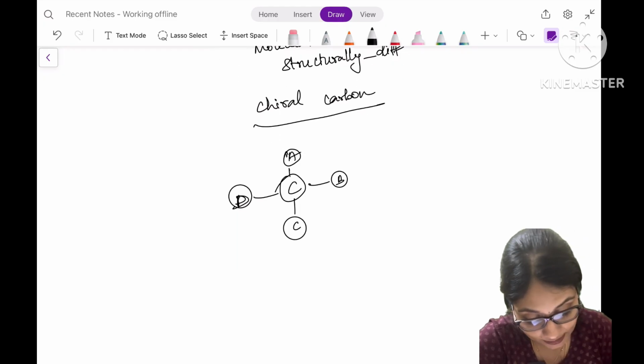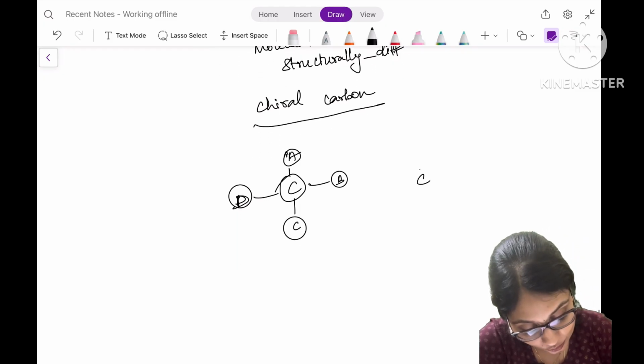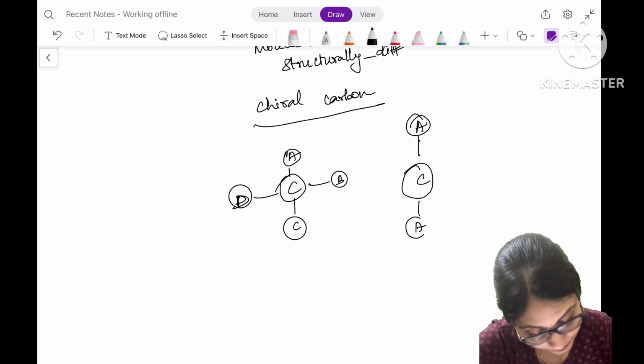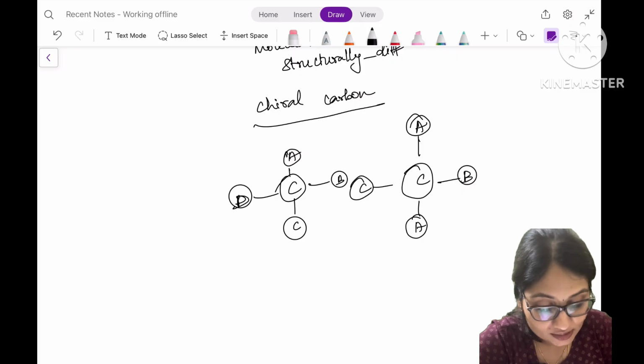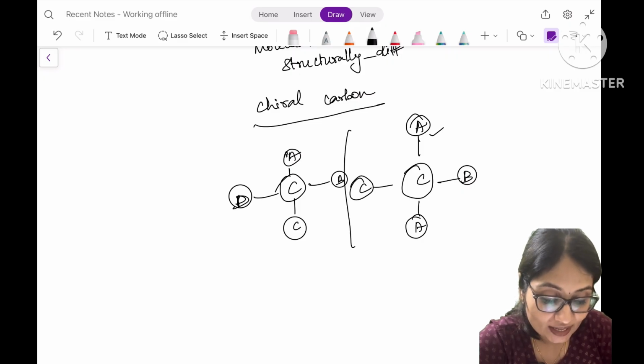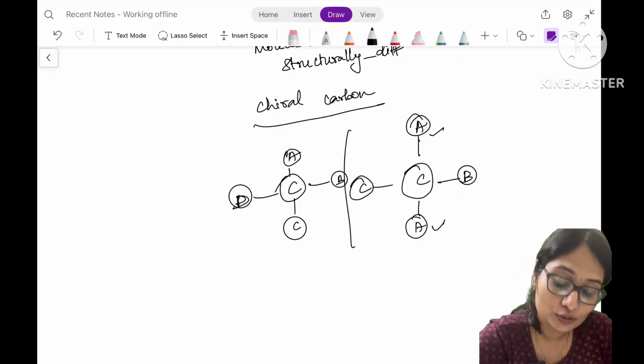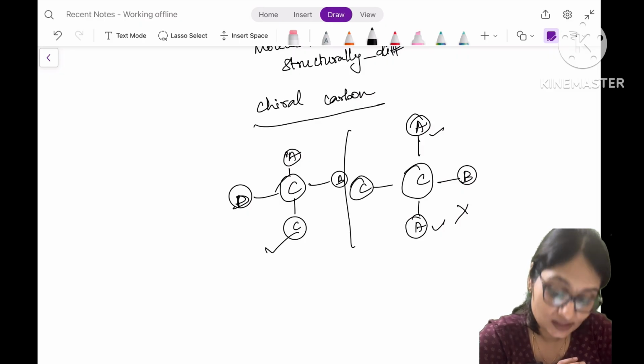On the other hand, if the carbon is surrounded by A on both sides, and here it might be B and here C, is this a chiral carbon? No, because we have two similar groups attached to the carbon. So this is not a chiral carbon, whereas the earlier one is.